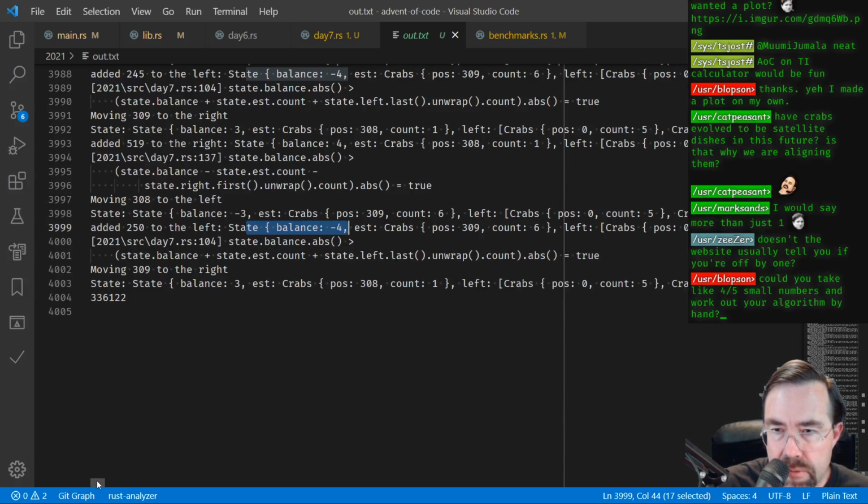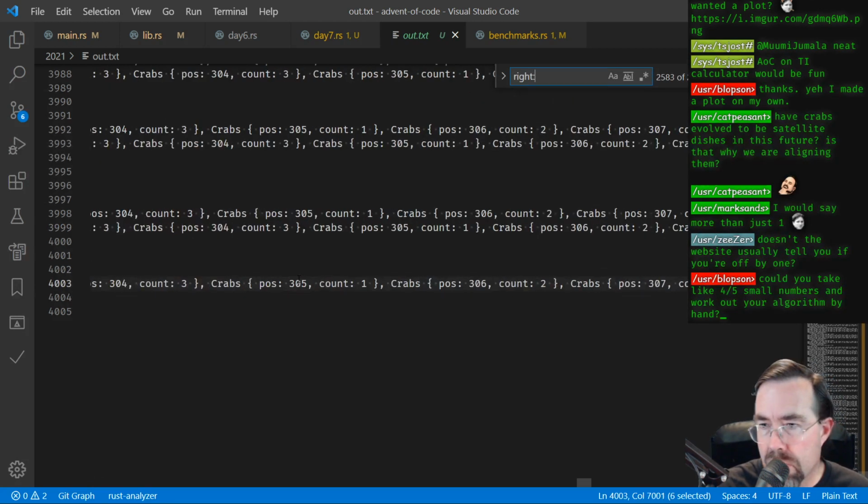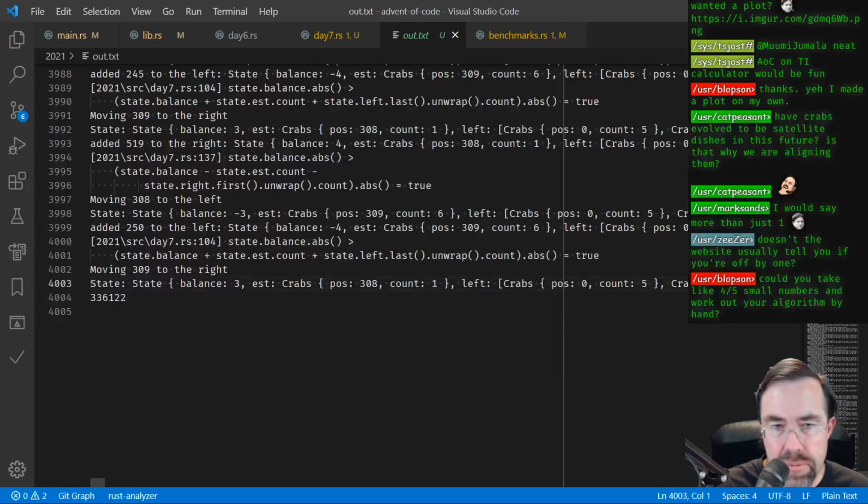What's the extreme end of the left? Is just 1 at 307. So there's 1 to the left, 1 on the position we have, and 6 to the right. It seems like we should shift it to the right. But why is that?